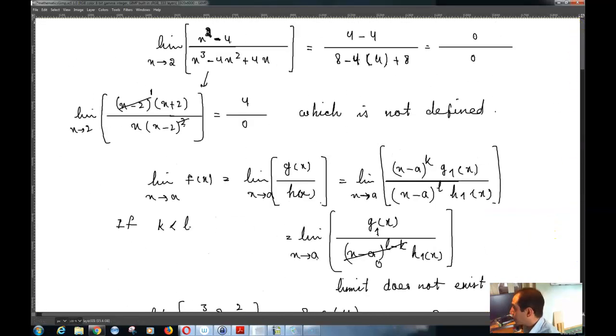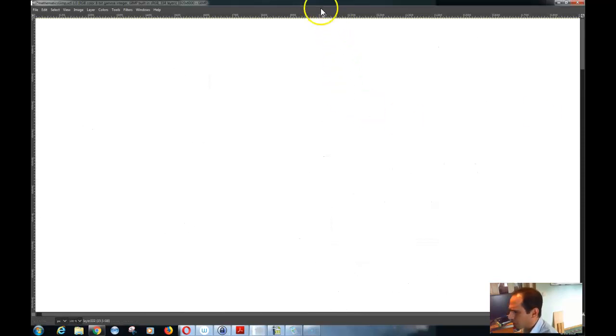Now, as an example, what we have is example number 3.